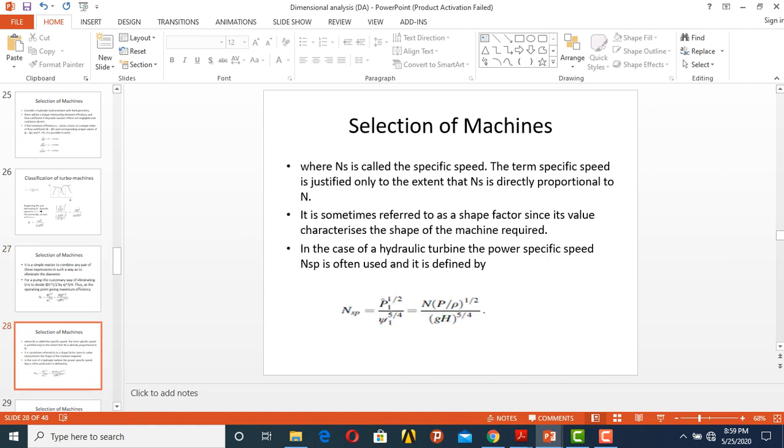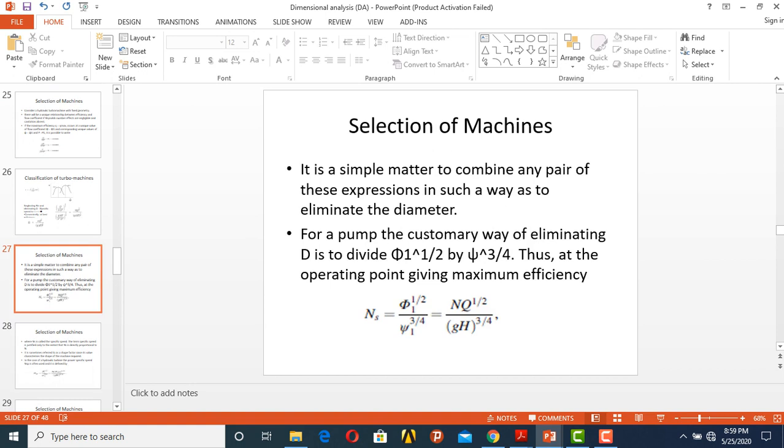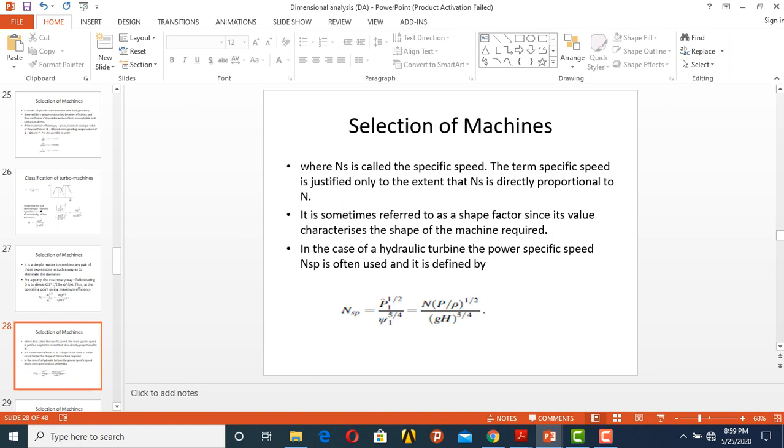And then for power, like for turbines, the specific speed, mostly we apply it to turbines and to pumps. But for turbines, where we are more interested in power, we also need to find the specific speed that will guide us to finding that suitable machine which will give us higher efficiency.